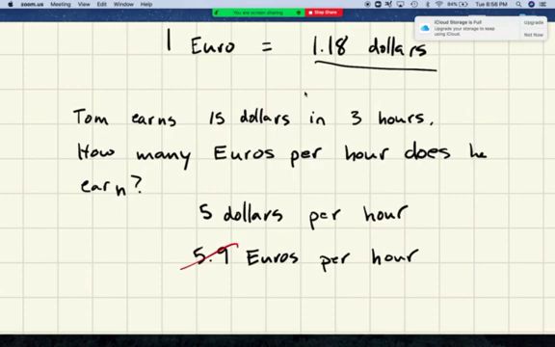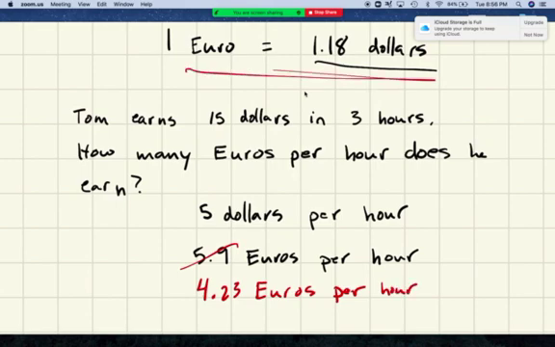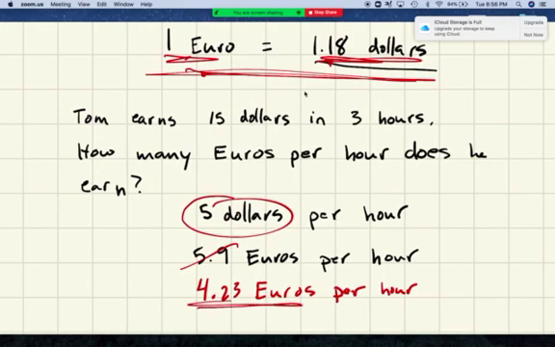But 5 divided by 1.18, 4.233 euros per hour. So the takeaway is, whenever they give you a conversion, make sure you know that the dollars are more than the euro. So for my answer, the dollars should be more than the euro when you convert it.